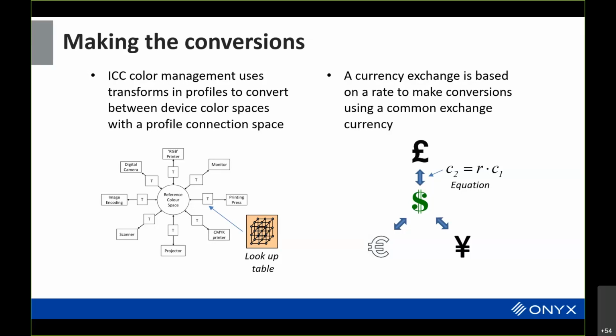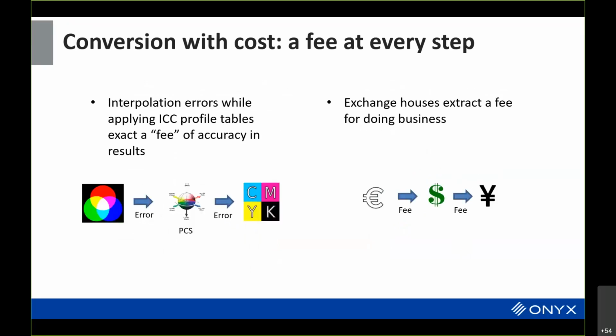The one key thing is that the transform itself is potentially not straight math. There's a little bit of guessing in between. And so we actually end up with transactional fees. People understand transactional fees for the exchange of currency.